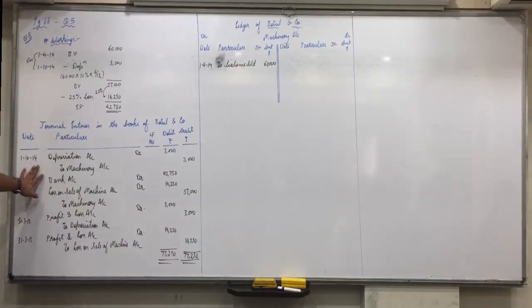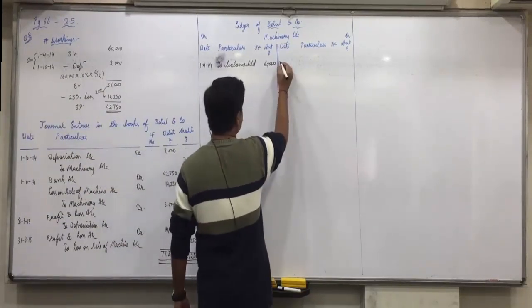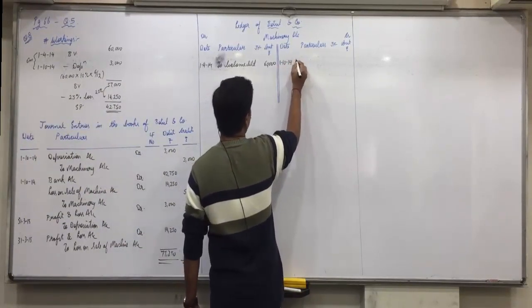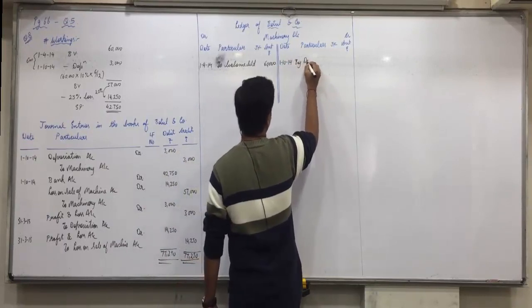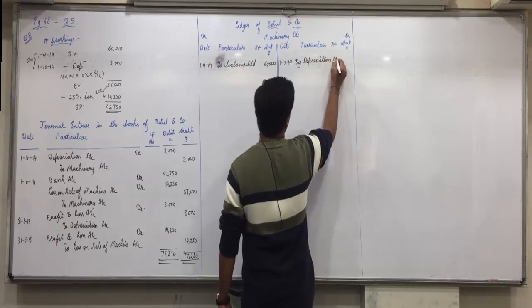Now from the first journal entry to machinery, so machinery on credit side, by depreciation account 3,000.